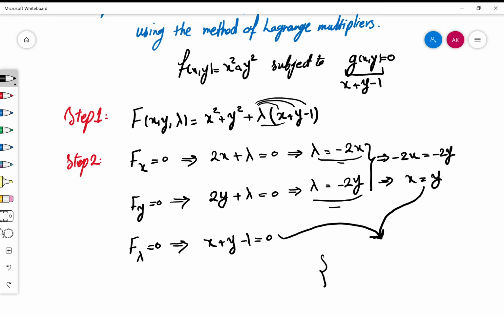So let me write them together once. x plus y minus 1 equals 0. But this is easy. The first one says set x equal to y, so you go y plus y minus 1 is equal to 0. That means that 2y equals 1, so y is equal to 1 over 2.